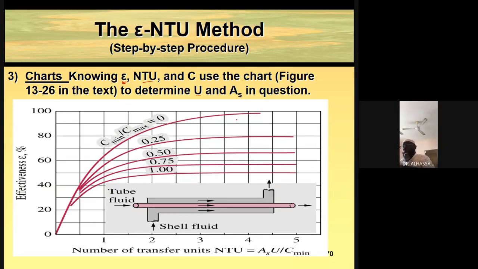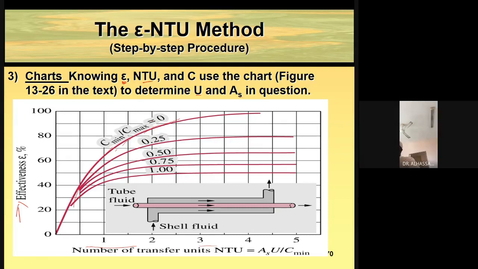So here we have a parallel flow heat exchanger. This chart gives us the effectiveness of the heat exchanger over here, and this is the NTU, number of heat transfer units, and the capacity ratio is given by the red line. If capacity ratio equals 0, then we use this line.